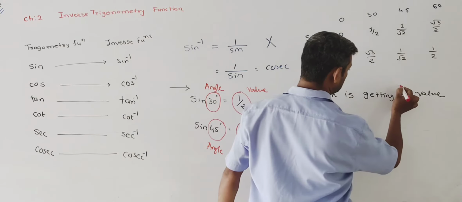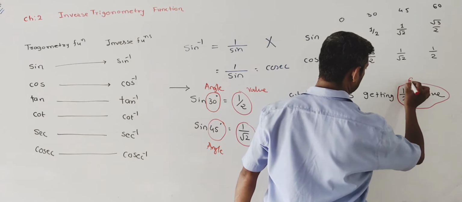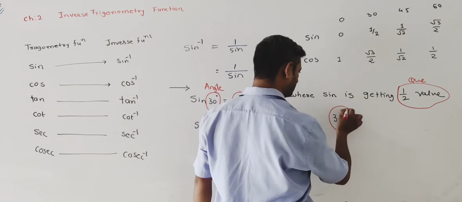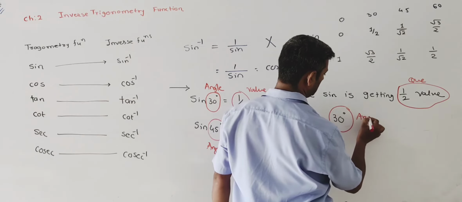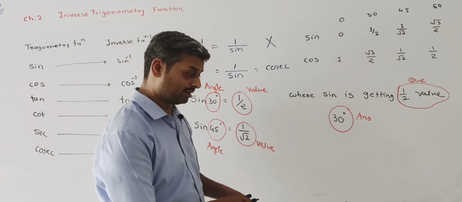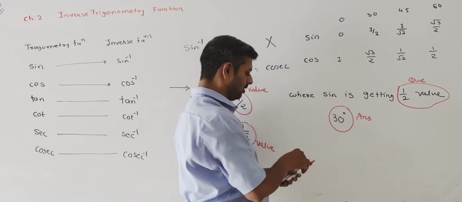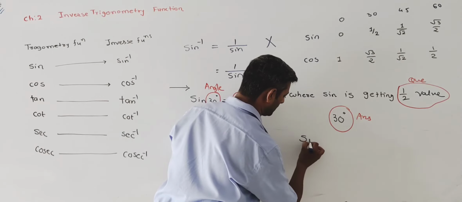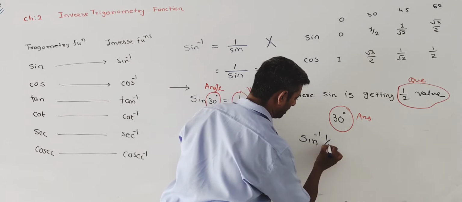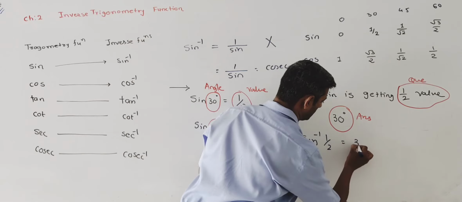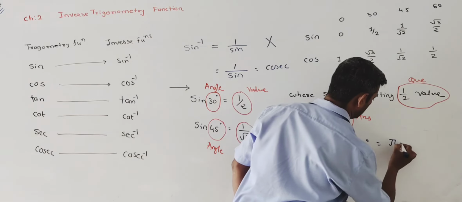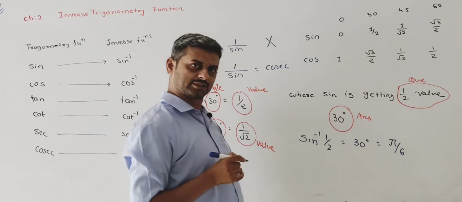So the value is your question and the answer is your degree. If you write this in a mathematical way, it is written like this: sine inverse half, then you have to write 30 degree, otherwise in radian pi by 6.